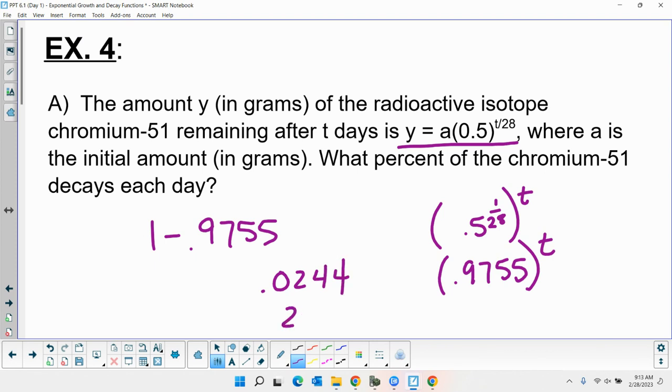So 2.44% is what's happened. Okay? So that's the trick. 0.5 to the 1/28, so you can get it to the T power, not the T over 28 power.